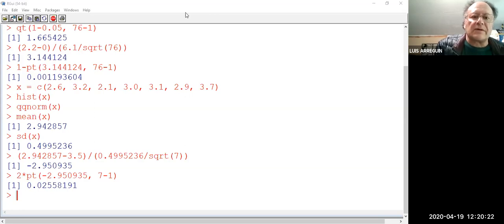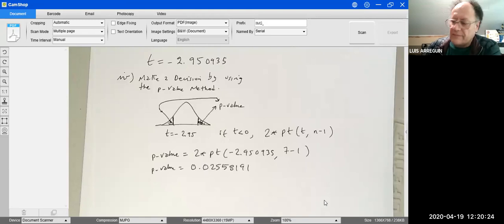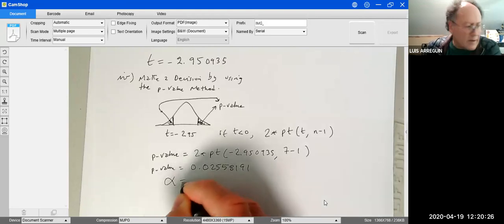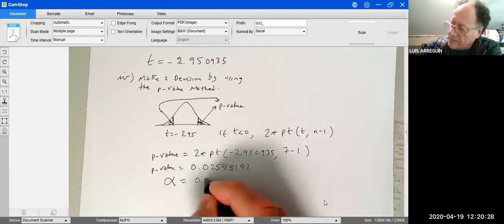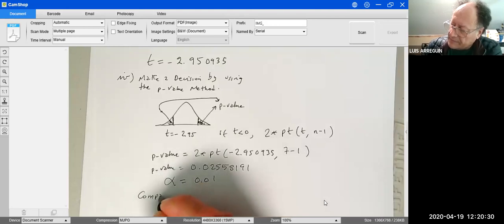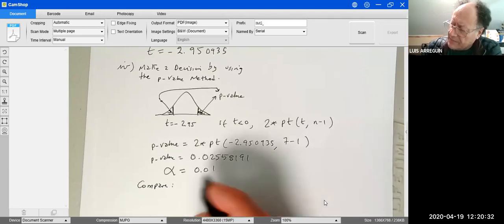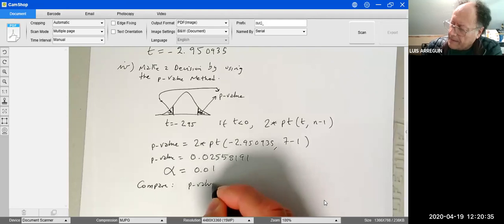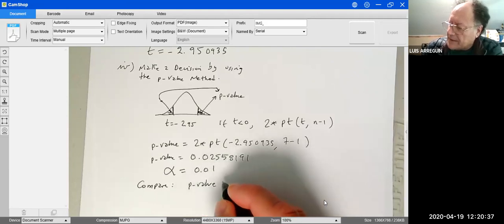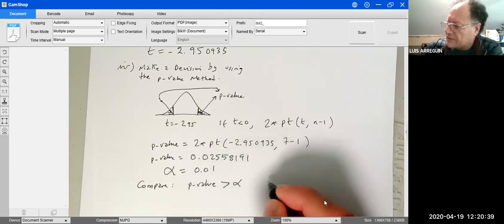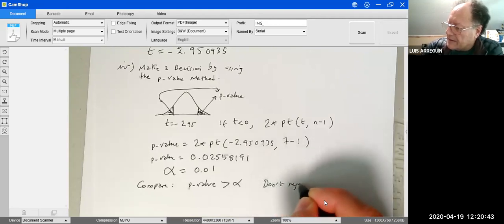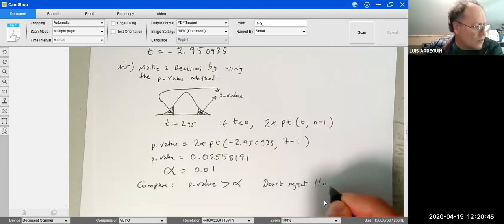So then you just need to compare this to alpha. So we need to check alpha. So the value for alpha, if you read the problem, now this time is 0.01. So we're gonna compare, and we're gonna see that the p-value is greater than alpha. So we cannot reject the null.